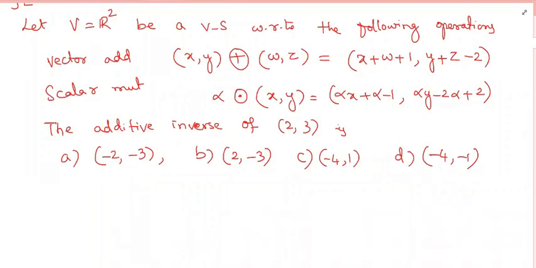Who else? Then Chiranjeevi, no, it's not correct. Anita, Anu. Yeah, Anu, correct. Yeah, minus 4 comma minus 1. Mamta, Srinivas Rao, Vijay Lakshmi. Okay, some of them are correct, but not all of them are correct.